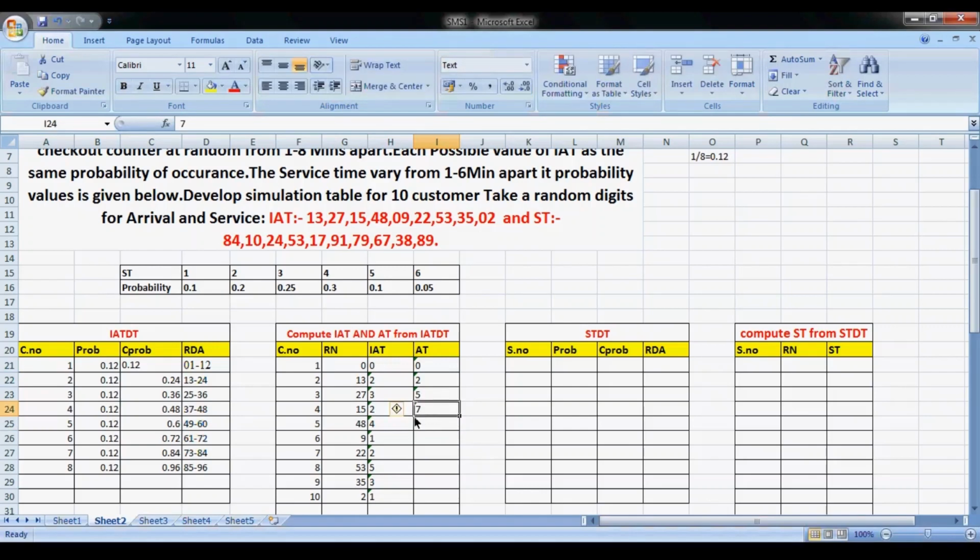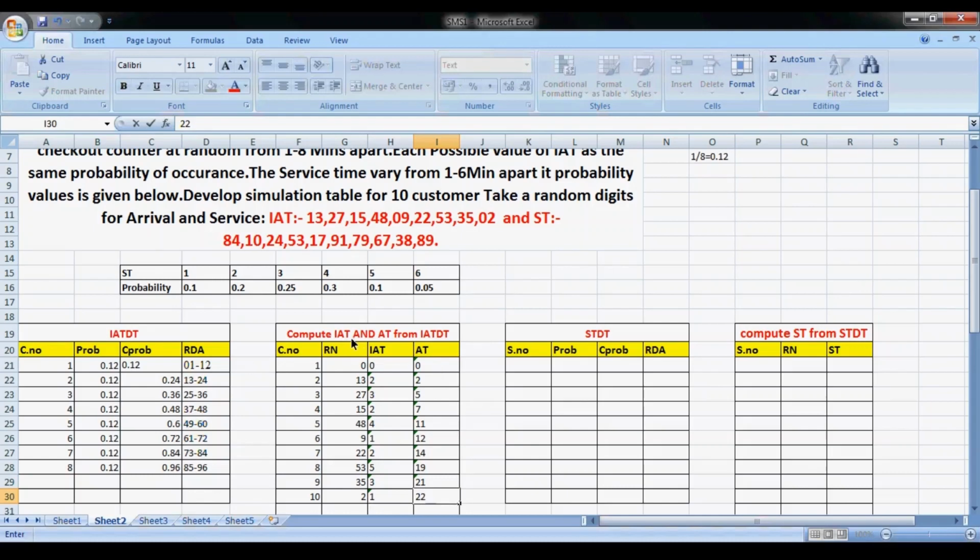Fifth customer is 7 plus 4, we get 11 arrival time. 11 plus 1 we get 12 arrival time. Next, 12 plus 2, 14 arrival time. 14 plus 5, 19 arrival time for the 8th customer. 19 plus 3, 21. So 21 plus 1, 22. This is how we calculate the arrival time for the customers.